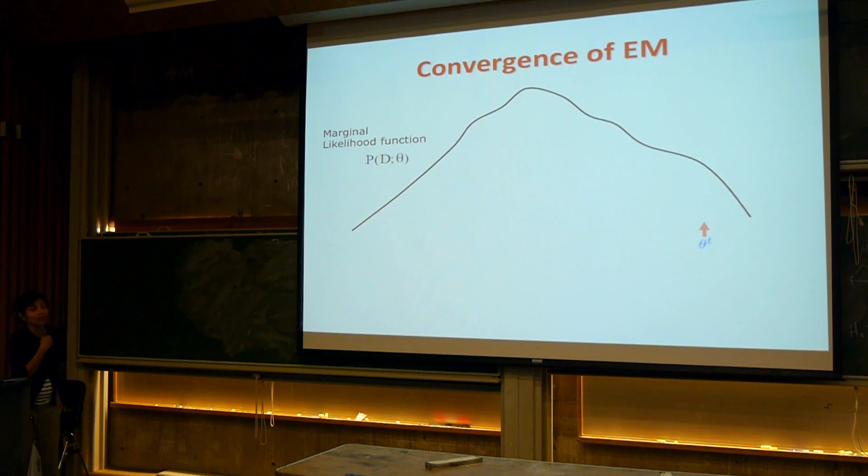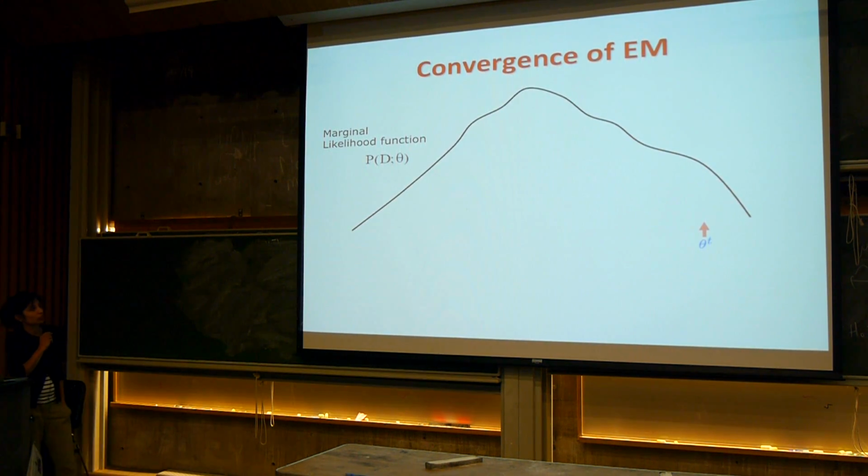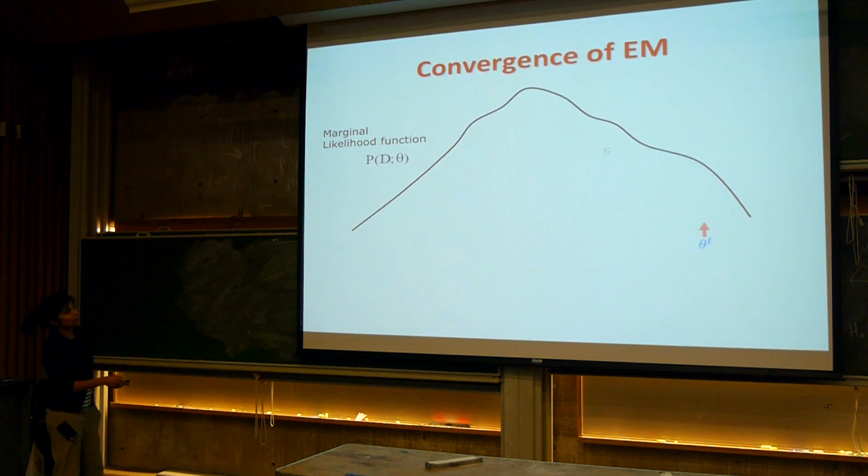So if you want to think of it pictorially, say this is your marginal likelihood function, the P of d given theta. You wanted to find the parameters that maximize it. We can't solve for it directly, but we are going to use a sequence of lower bound functions. For every theta that we start off with, we come up with a lower bound and we maximize it.